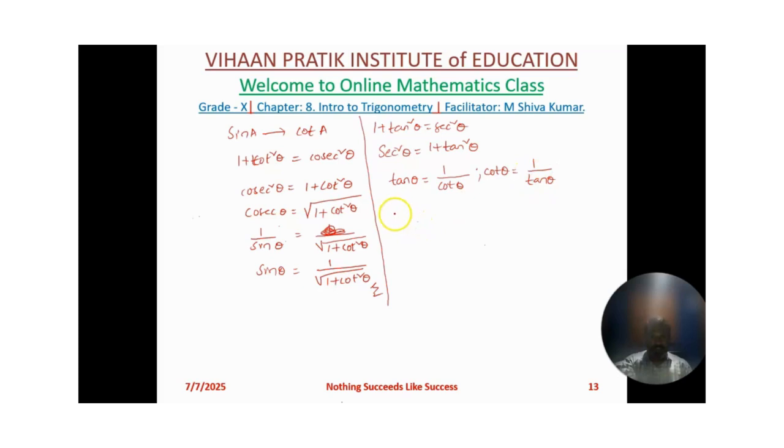Now here we can write it as secant square theta equals 1 plus, now tan square theta, I'll write it as the reciprocal of cot square theta, which will equal, taking LCM, cot square theta plus 1 divided by cot square theta after LCM.